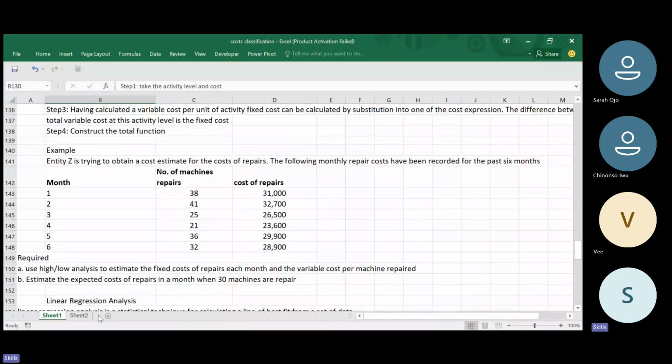Then estimate the expected cost of repairs in a month when 30 machines are repaired.